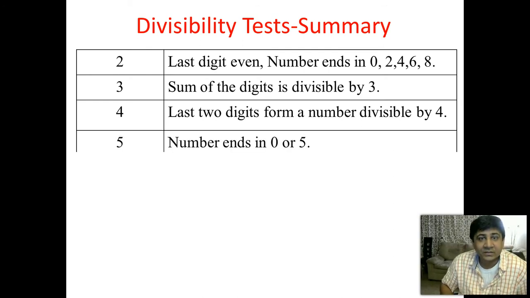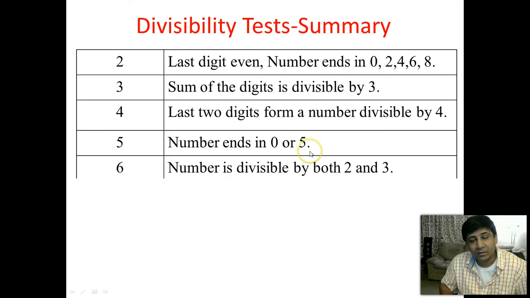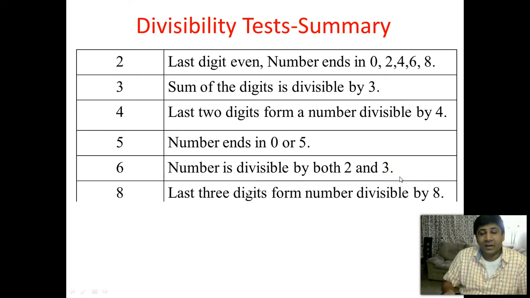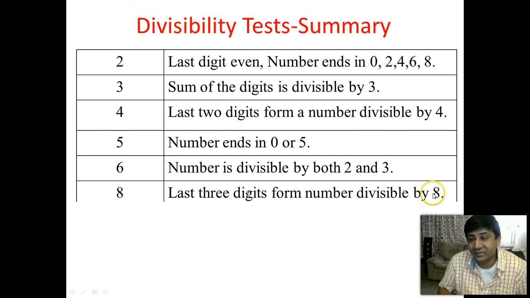Similarly, a number will be divisible by 5 if the number ends in 0 or 5. A number will be divisible by 6 if it is divisible by both 3 and 2. A number will be divisible by 8 if the last 3 digits are divisible by 8.